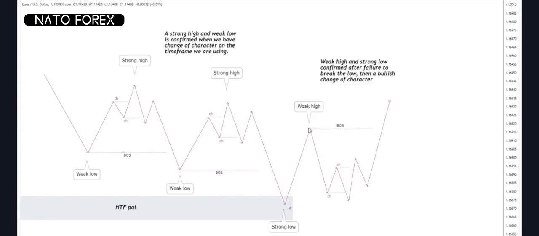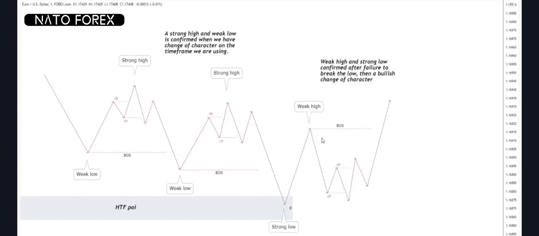Now, we get the interaction, we get the reaction we want, comes down, but now demand holds. So the internal supply that was in demand fails. We get a change in character. Demand now takes over. This now becomes weak.